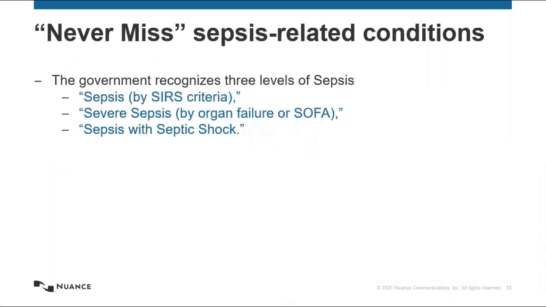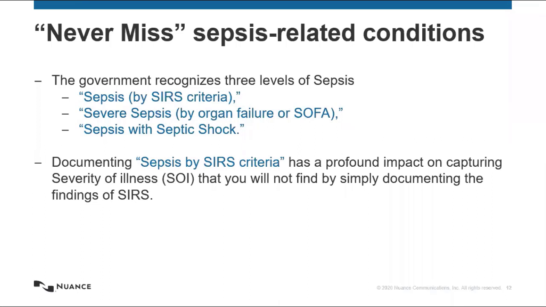When it comes to sepsis, it is important to recognize that the government and the ICD-10 coding system do recognize 3 levels of sepsis. Our traditional sepsis by SIRS criteria, severe sepsis, which is with organ failure, now often referred to as SOFA criteria, and sepsis with septic shock.